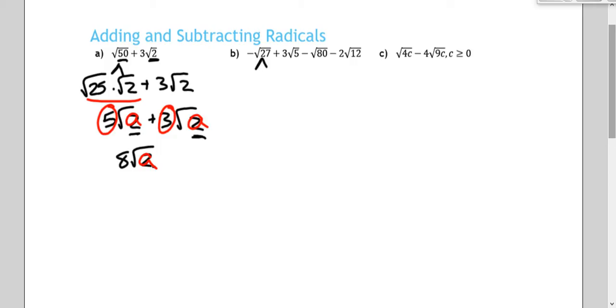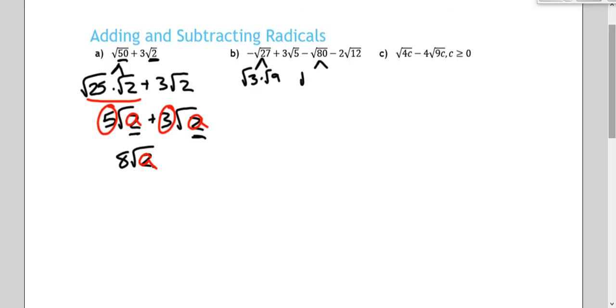So essentially, if it looks like an entire radical, you probably need to change it to a mixed radical. So this changes to square root 3, square root 9. This one changes to 16 again, I think. 80 divided by 16. Yeah.